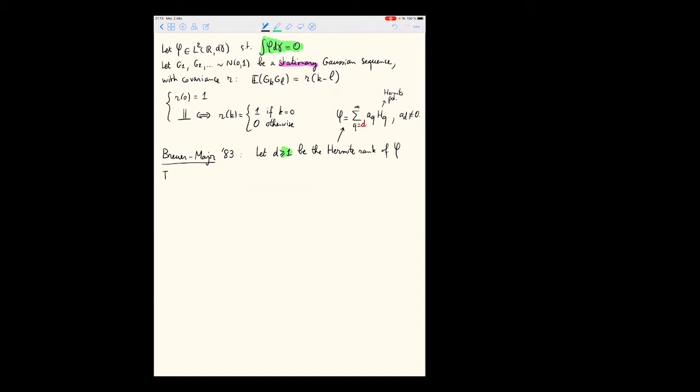Okay, so I have this d which is attached to phi. And now I will make an assumption. I will assume that R, the covariance function of my stationary Gaussian sequence, is d-integrable. So let me assume that this sum, when you sum over Z or over N by symmetry, is finite.